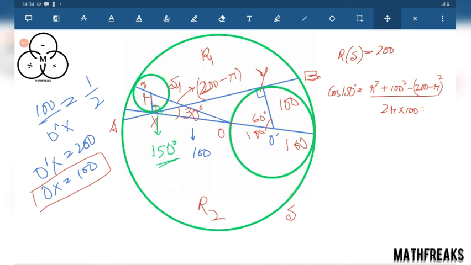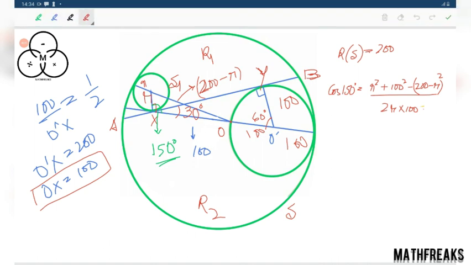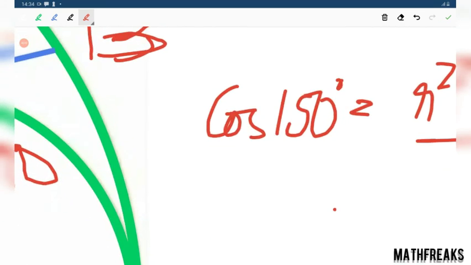We did a small mistake. This angle is not 150 degree. This is 90 plus 30, 120 degree. Silly mistakes are a part of life nowadays. So this will be cos 120 degree.